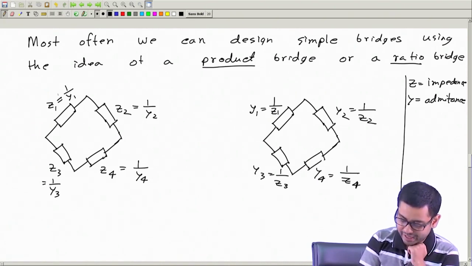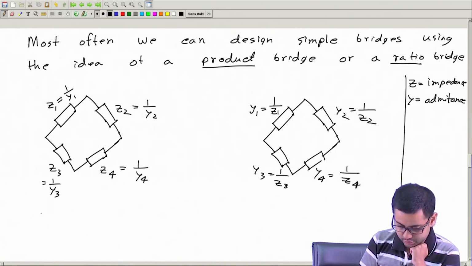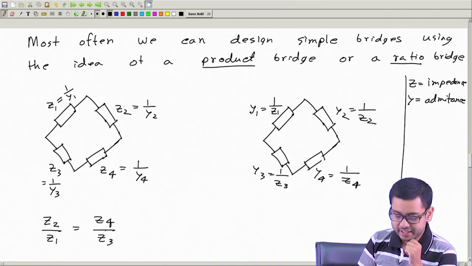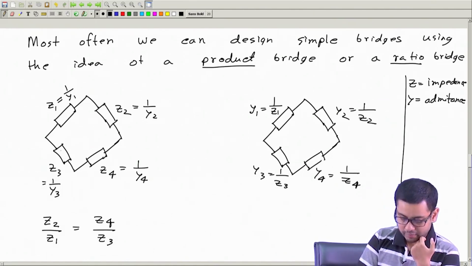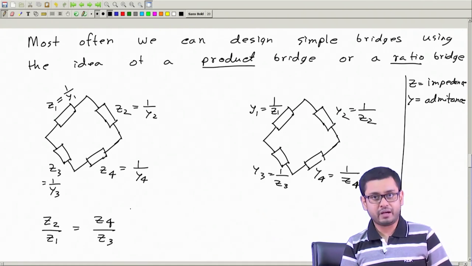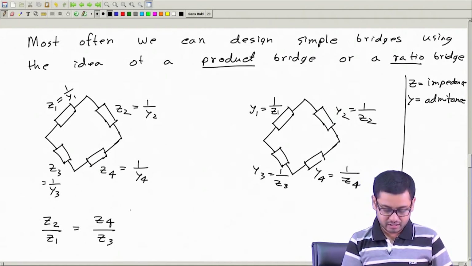Okay. Now, the balance condition for this bridge you can write in this way. Let me write it as Z2 by Z1 same as Z4 by Z3. Ratio of any adjacent side, you can take it in any way. Z1 by Z3 is same as Z2 by Z4 or Z4 by Z3 same as Z2 by Z1. So, the ratio of adjacent sides, similar ratios of adjacent sides should be equal. Okay.